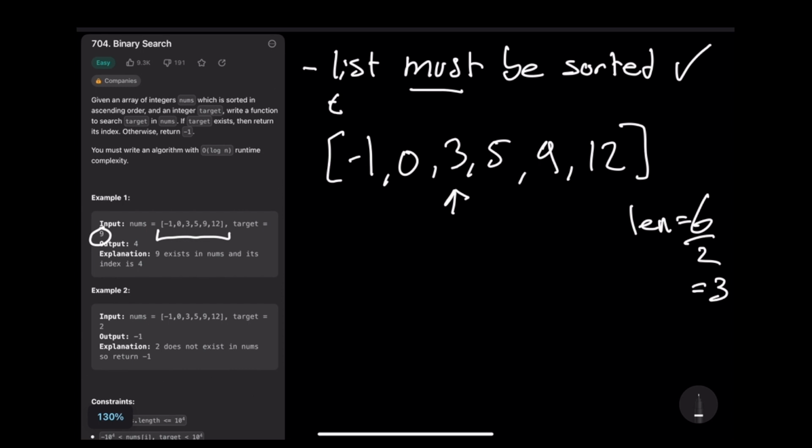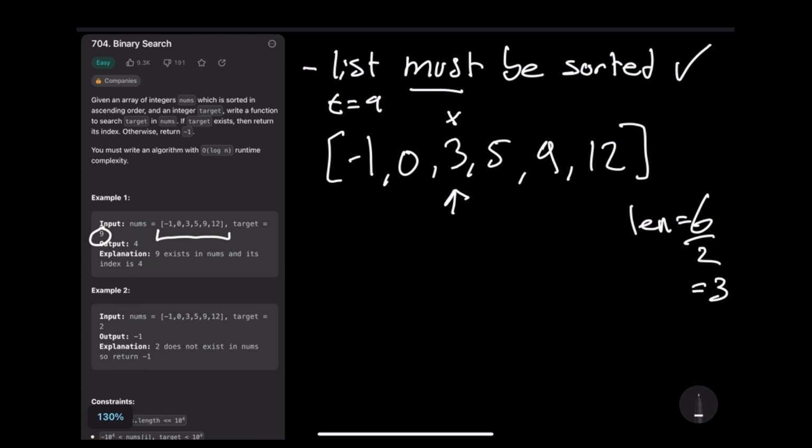So let me just write that. The target is 9. So we check to see, is the element I'm currently looking at equal to the target? So is 3 equal to 9? It's not. So it's not this one. But now here's where the interesting part comes in and how this algorithm actually works.